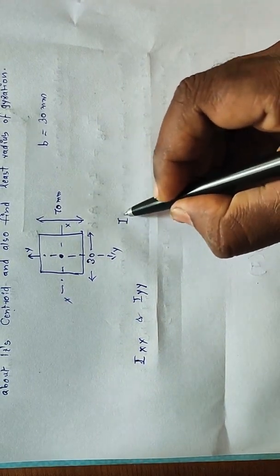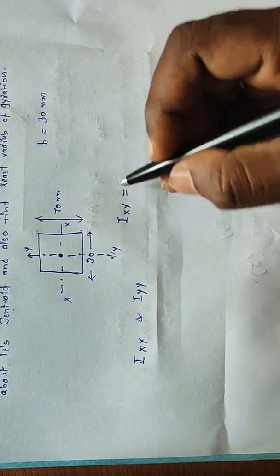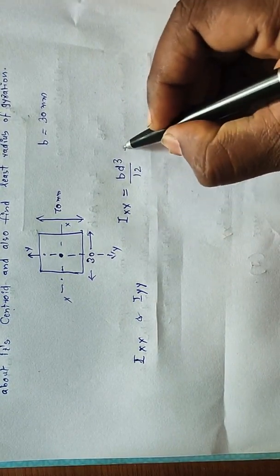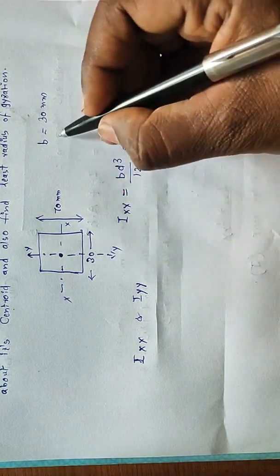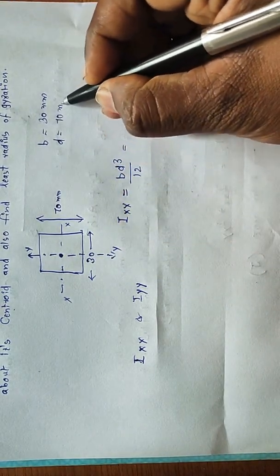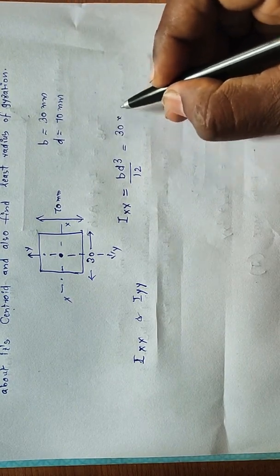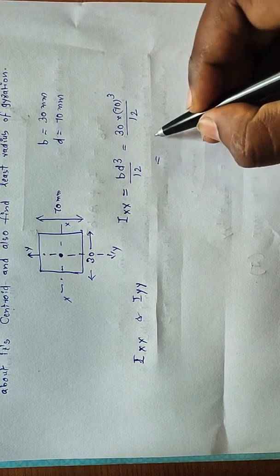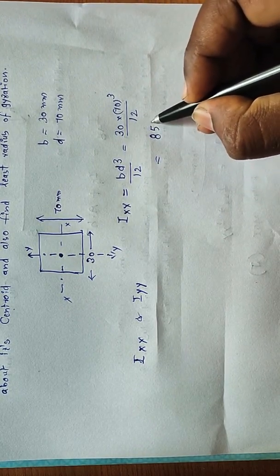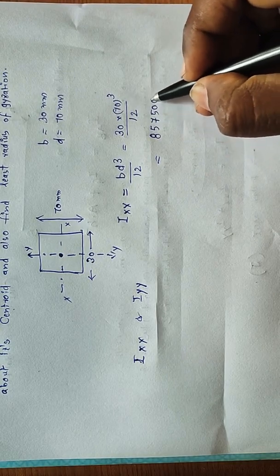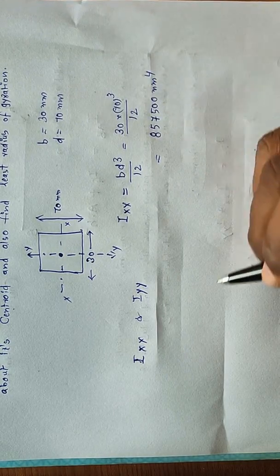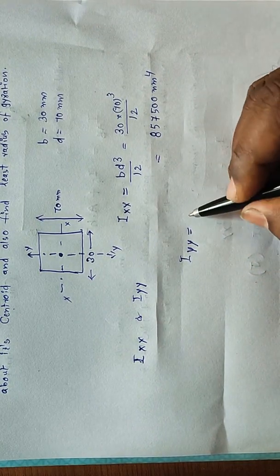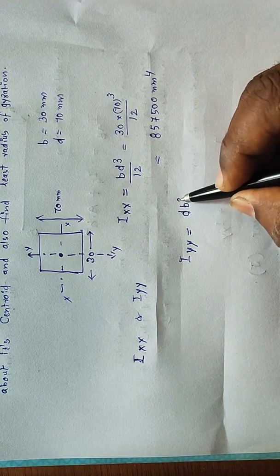The moment of inertia about the x-axis equals bd cube by 12. Here b is 30 mm and depth is 70 mm, so 30 into 70 cube by 12. If you calculate, you will get 857,500 mm to the power of 4. And the moment of inertia about y-axis, the formula is db cube by 12.